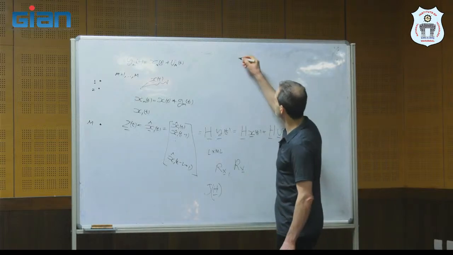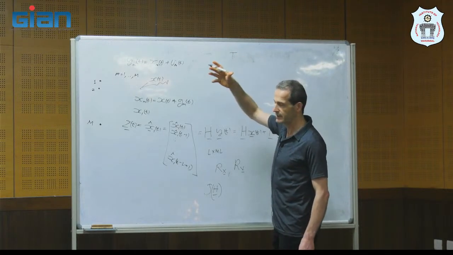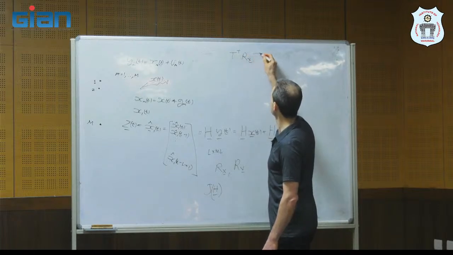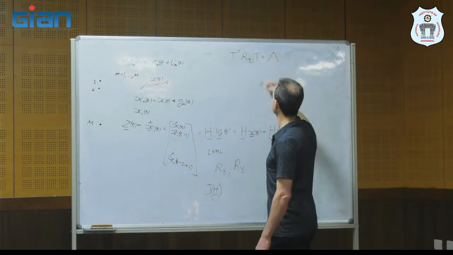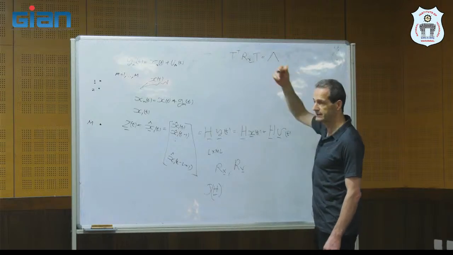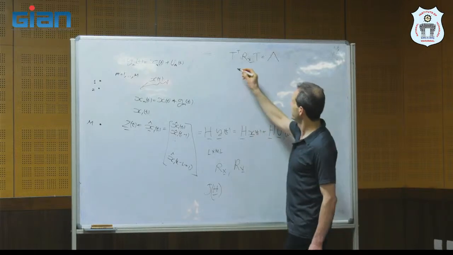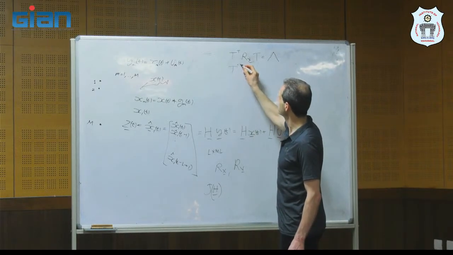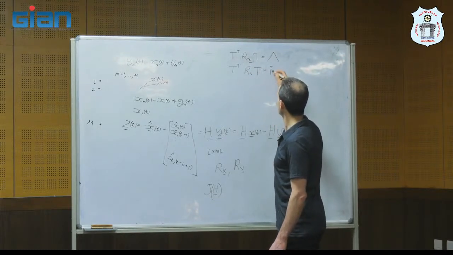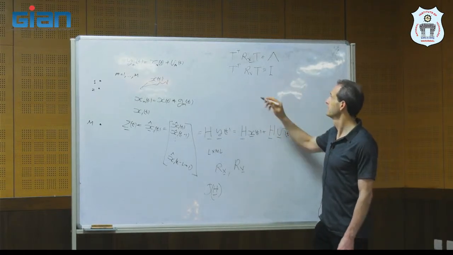So we can find the matrix T and diagonal matrix Lambda such that T transpose Rx T equals Lambda. Lambda on the diagonal contains the eigenvalues in decreasing order, and the columns of T are the generalized eigenvectors, and at the same time T transpose Rv T equals the identity matrix of size ML by ML. Okay.